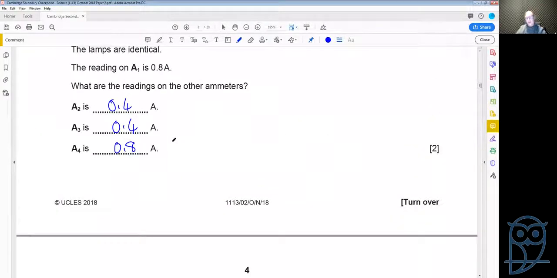Here I want you guys to notice that there's only 2 marks, and there are 3 answers over here. They would collectively give a mark for this bit, and 1 mark for this bit. This is to see that you know that it stays the same if you're still in a series bit, and this is to see that you know that it divides when you go over parallel parts. They're testing whether you know the knowledge, not whether you get the correct values. So that's where you will get your marks.